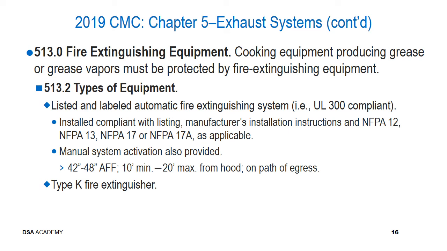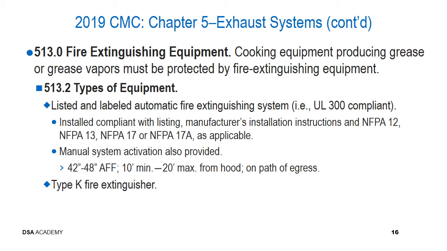These systems are supposed to be installed in compliance with their listing, the manufacturer's installation instructions, and either NFPA 12, NFPA 13, NFPA 17, or NFPA 17A, dependent on the exact type of system that's installed. Manual activation of the system is also required to be provided.